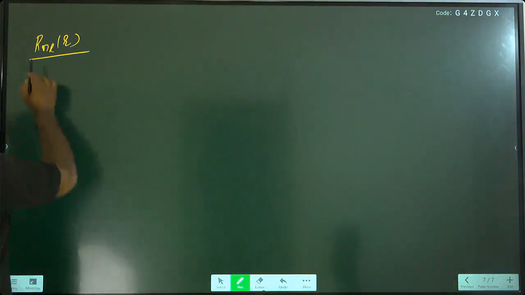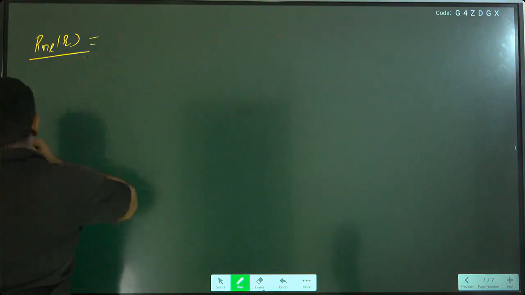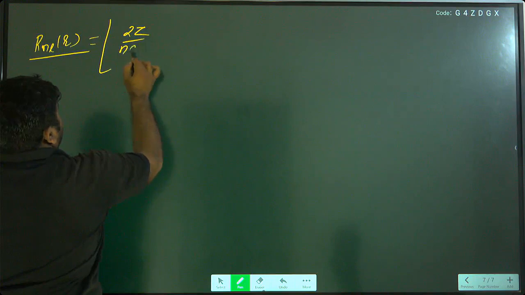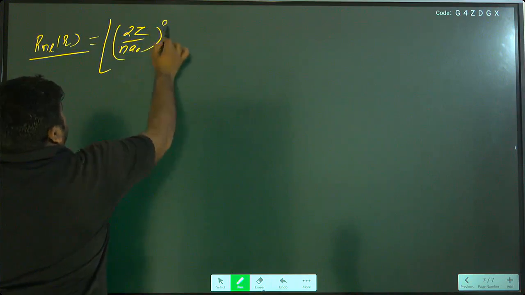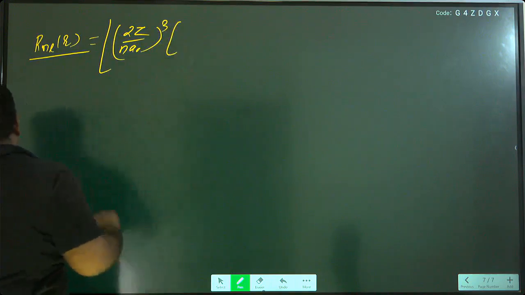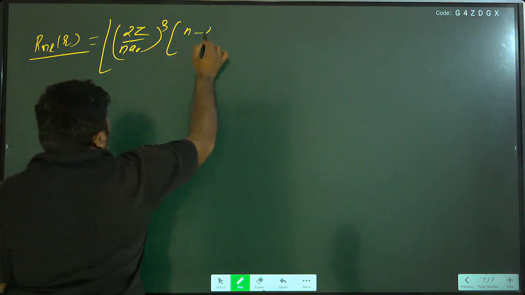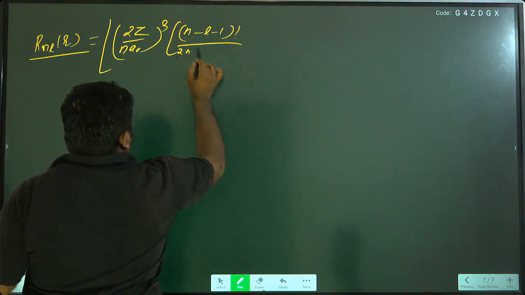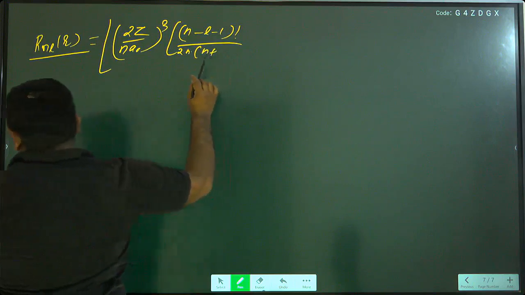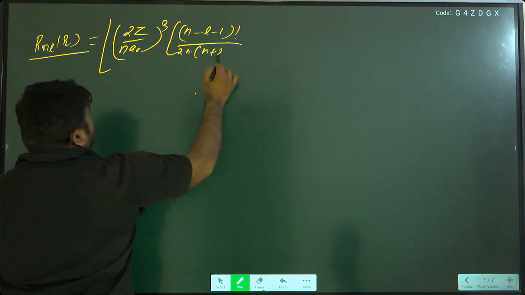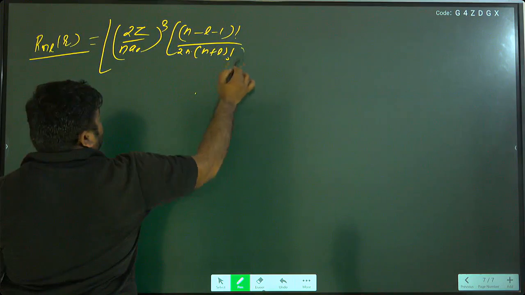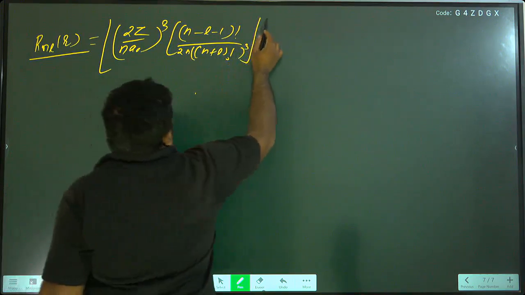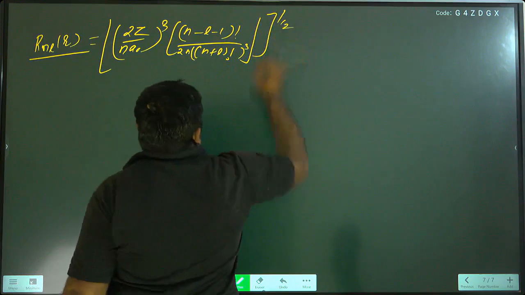What is the R? R n l of r is equal to 2z upon n a naught bracket to the power 3 into n minus l minus 1 bracket complete factorial upon 2n into n plus l bracket complete factorial, and bracket to the power how much? Cube. Now the total bracket complete into bracket to the power 1 by 2.